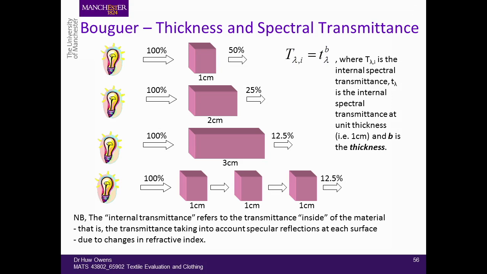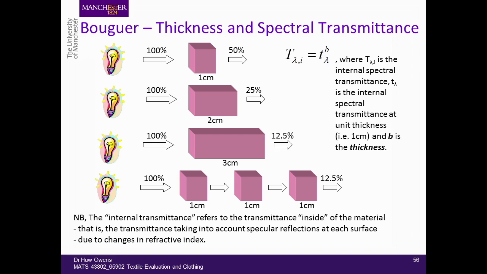So we can see here that 50% of the light is getting reduced each time. Now, in his theory, he talks about taking 3 centimetres as a block or 3 centimetres individually.